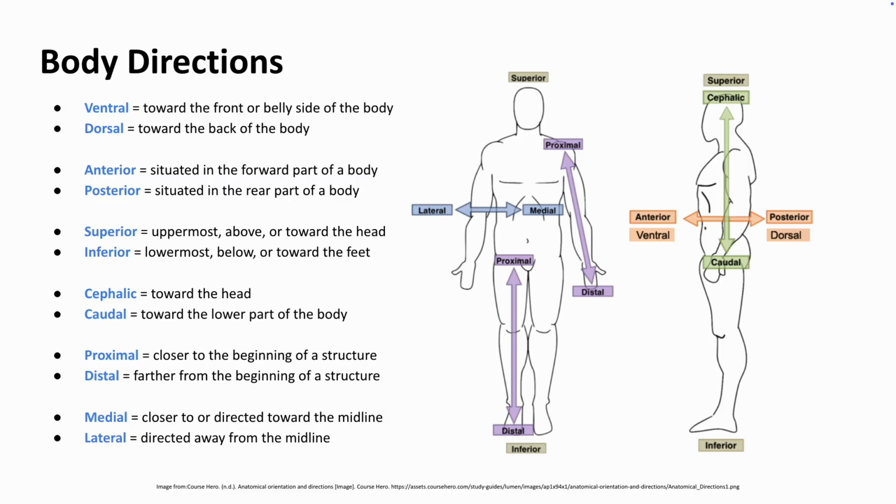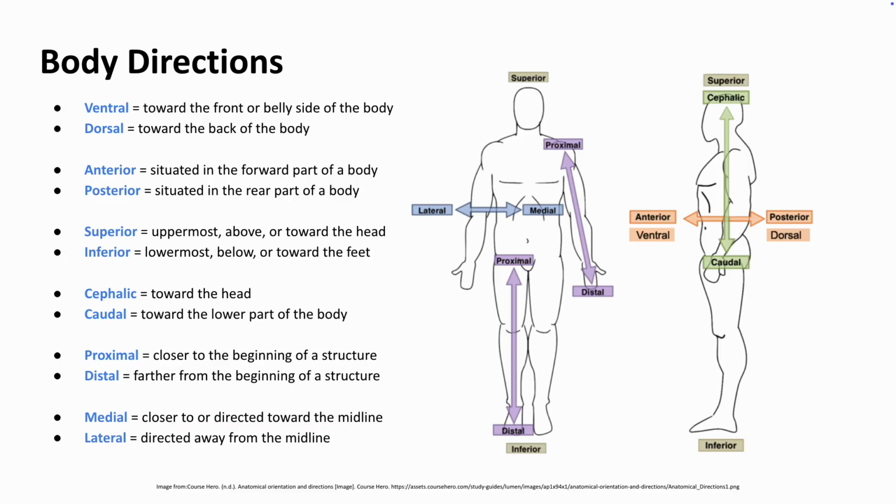This pen is proximal to me, whereas distal means farther from the beginning of the structure. So that paper will be distal from me compared to the pen. Also, the pen is proximal to me compared to the paper. So it's all relative.